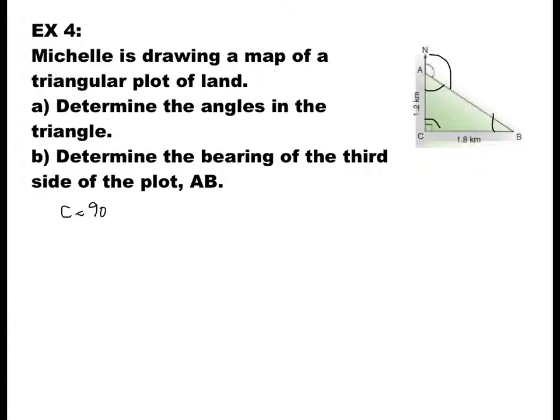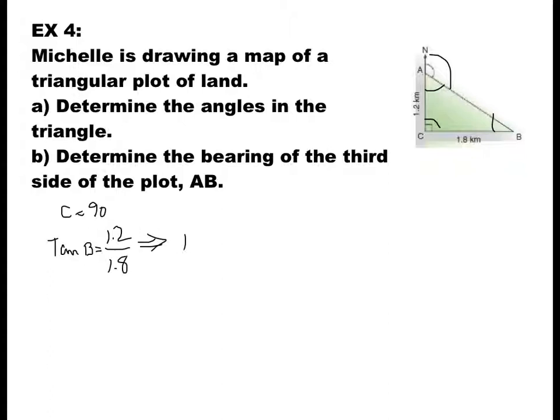So angle, opposite, adjacent, I have to refer to SOHCAHTOA to see which trig function represents angle, opposite, adjacent. And that ratio is tan. So I can say tan B is equal to opposite, which is 1.2 divided by 1.8.